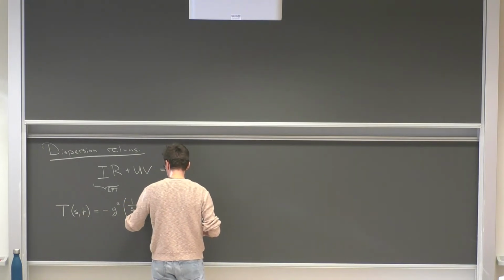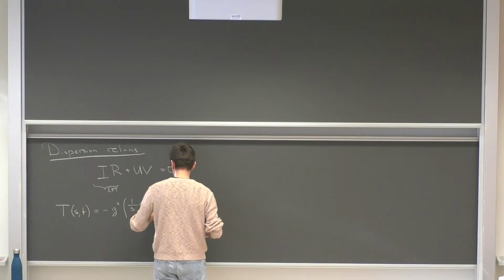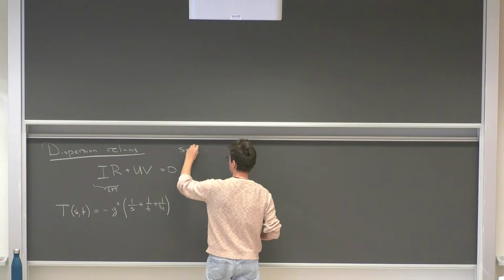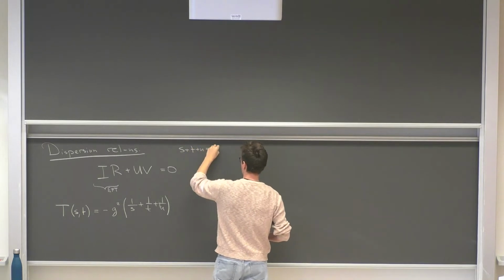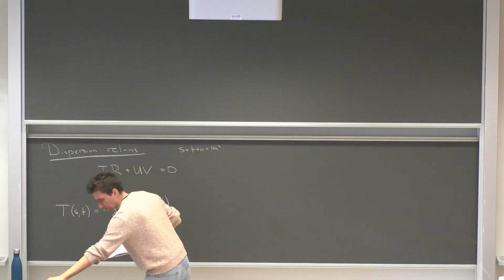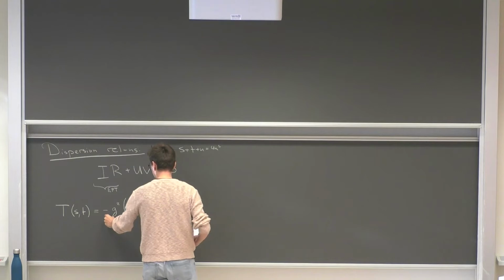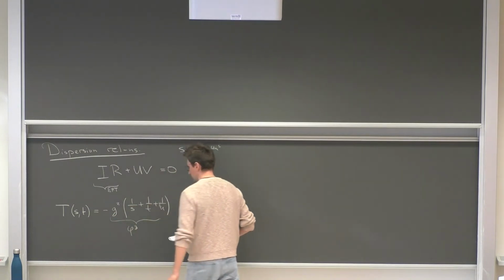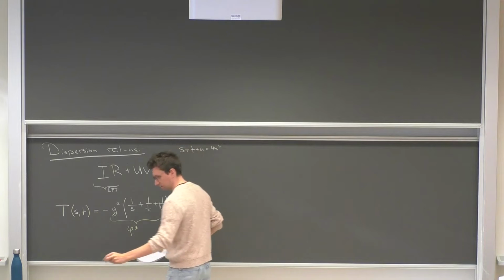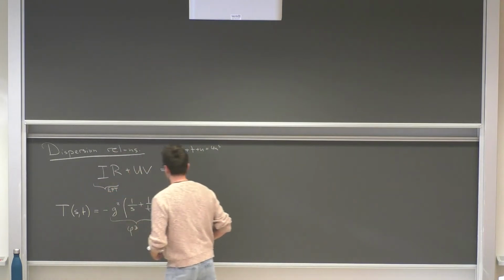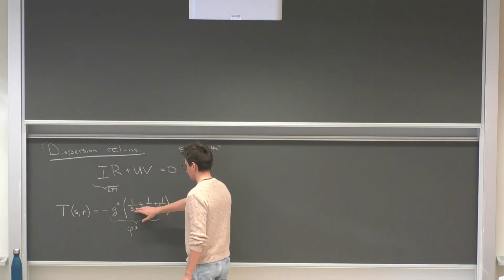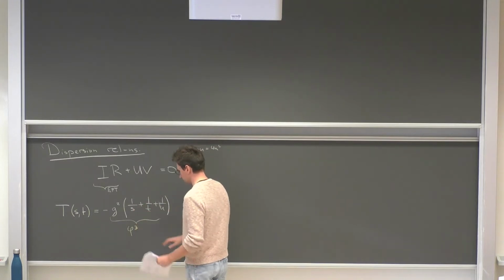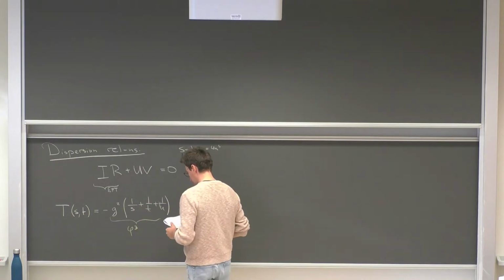So let's imagine something like this. Remember s plus t plus u equals four m squared. So this is something that comes, say, if you have in the Lagrangian phi cube, you will get this type of diagrams with 1 over s minus m squared. Here I consider massless exchange. It is not so important.